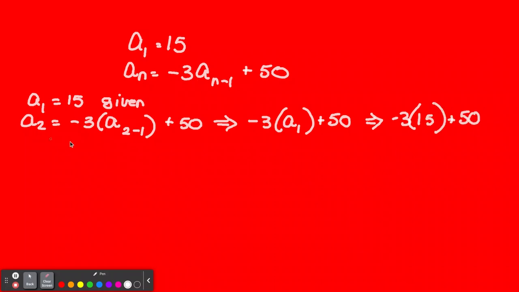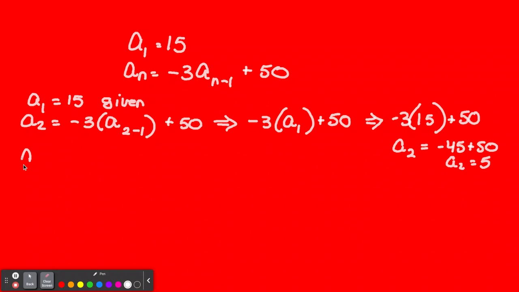Ran out of room there. We'll just put it over here, a2. So a2 will be negative 3 times 15, which is negative 45, plus 50. And we know that a2 is 5.